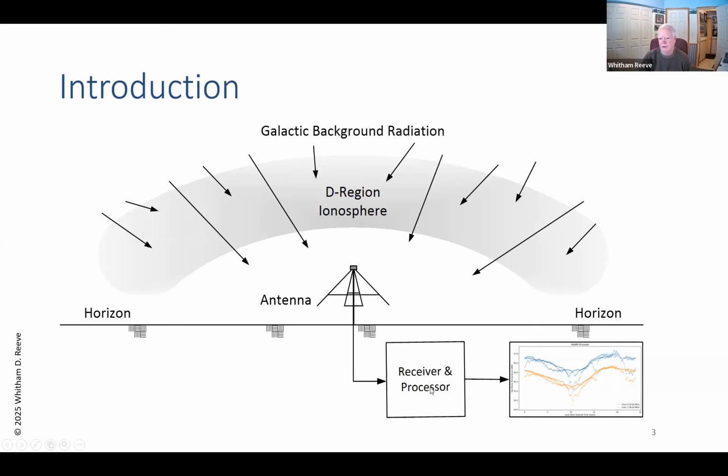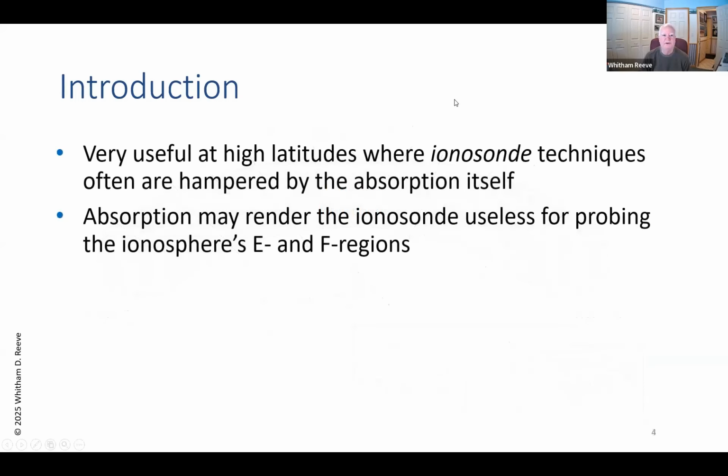You have a receiver and a processor, and then you have a display of the data and archiving of the data for later study. If there is absorption, then the galactic background radiation does not penetrate or penetrates weakly. And so that shows up in your daily data.